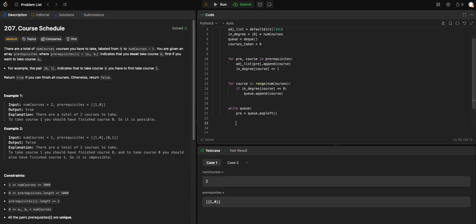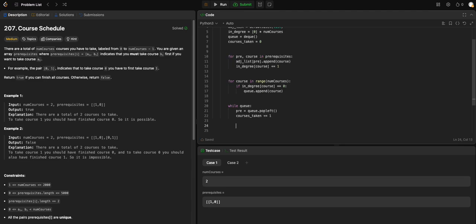We pop from the queue, and then we increase courses taken by 1.